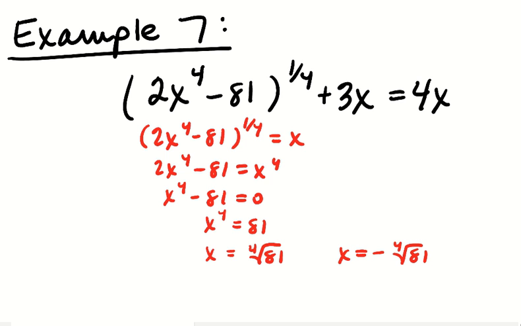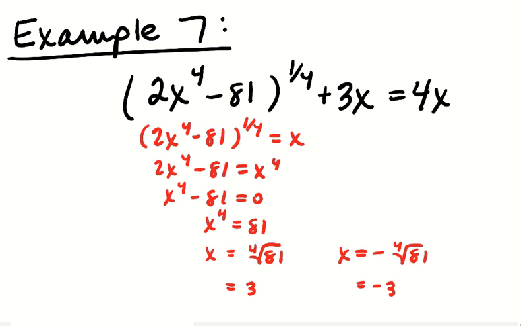Actually, calculating a 4th root, you can take the square root and then take the square root of that. So the square root of 81 is 9. Square root of 9 is 3. Right? But since I took both sides of the equation to the 4th power, it's kind of like squaring both sides. I squared them twice. Take it to an even power, you've got to check those solutions.